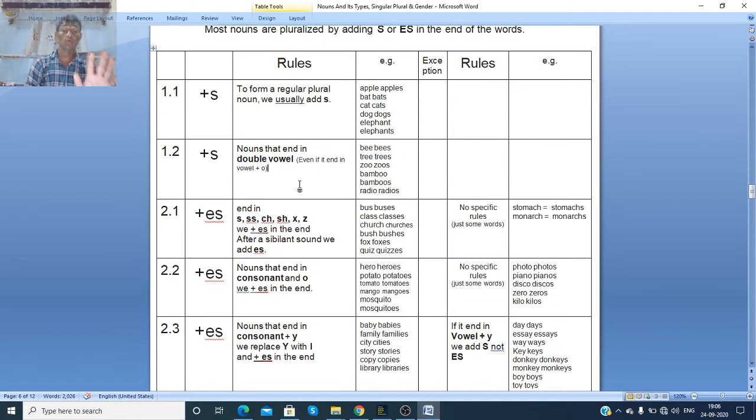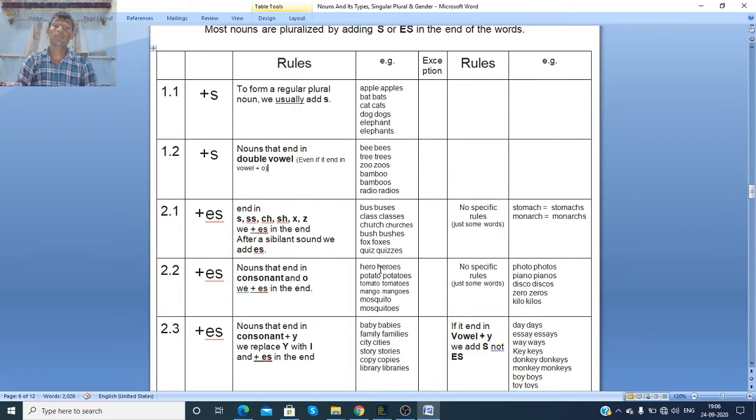So why have I mentioned it separately? Because there is a rule. If it ends in vowel plus o, we simply add s. If it ends in consonant plus o, we add es.